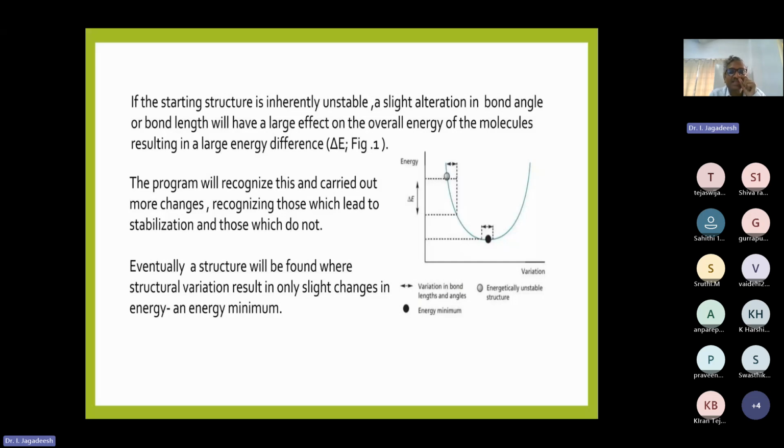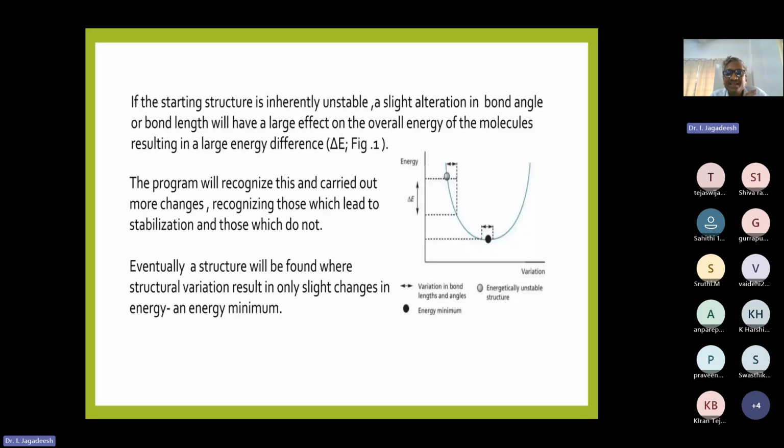If the starting structure is inherently unstable, a slight alteration in the bond angle and the bond length can have a large effect on the overall energy of the molecule, resulting in a high energy difference, that is delta E. Then we need to make a modification in the tools in such a way that we are adjusting the bond lengths and bond angles so that we get really stable structures.